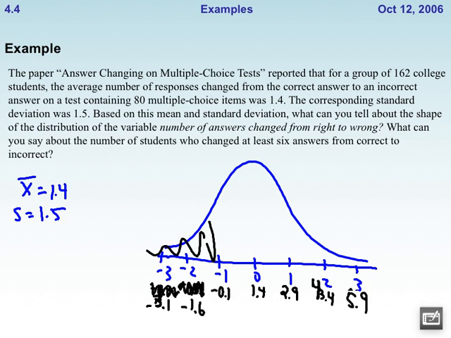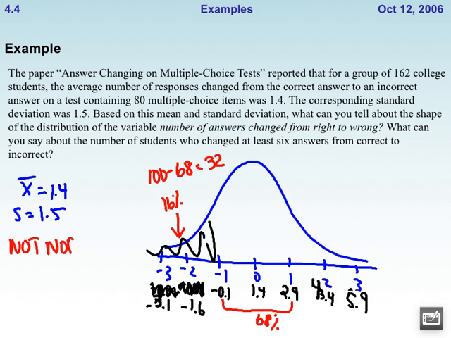If this were a normal distribution, 16%. Between here and here is 68%. So if you do 100 minus 68, you get 32. Divide it in half, so this is 16%. If this were a normal distribution, 16% of the data would fall at negative 0.1 and below in terms of number of questions changed. That doesn't make sense. So what we can say is this distribution is not normal. There's no way it can be.